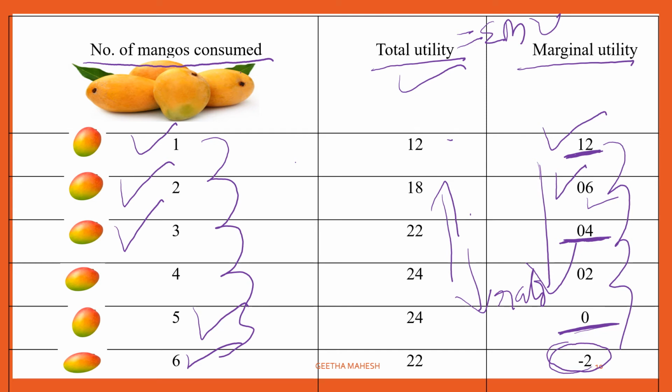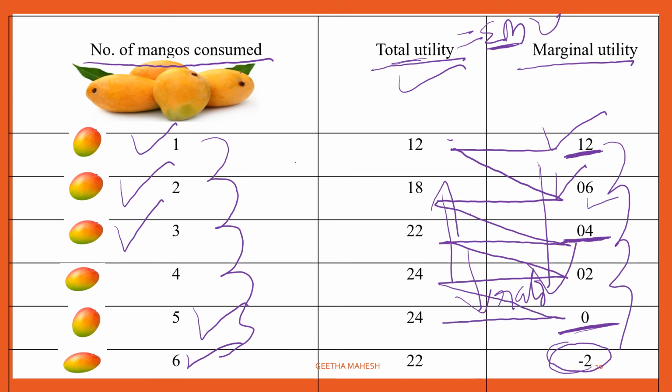See, 12, 12 plus 6 is 18, 18 plus 4 is 22, 22 plus 2 is 24, 24 plus 0 is 24, 24 minus 2 is 22. So each time what you are adding is diminishing. That is why we say total utility increases at a decreasing rate.